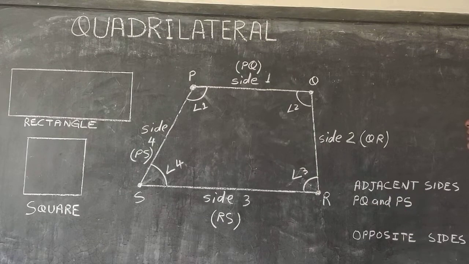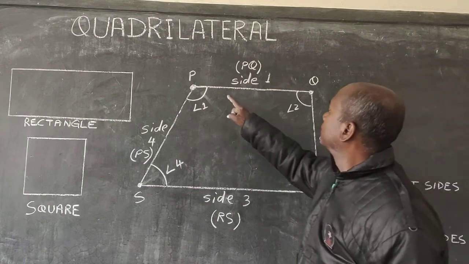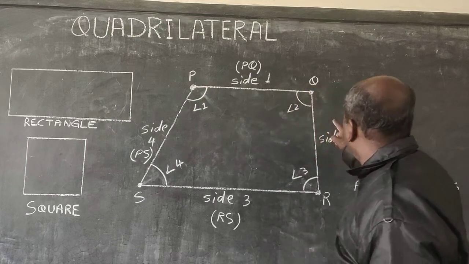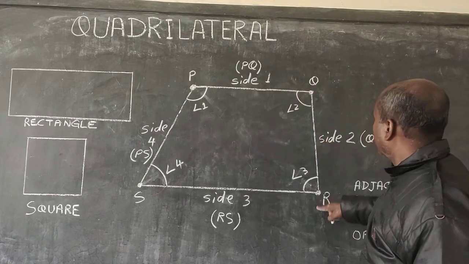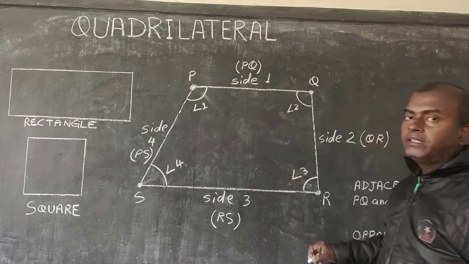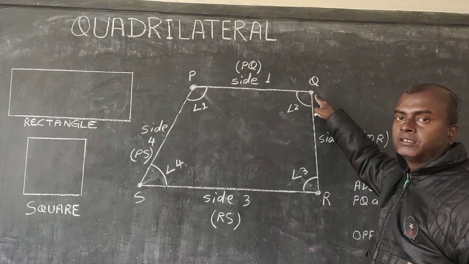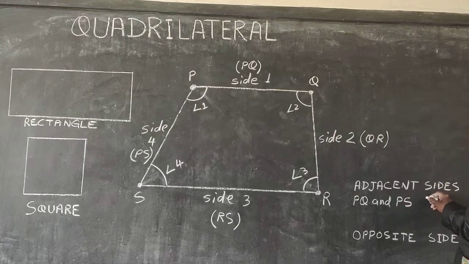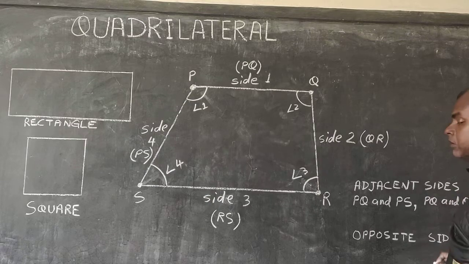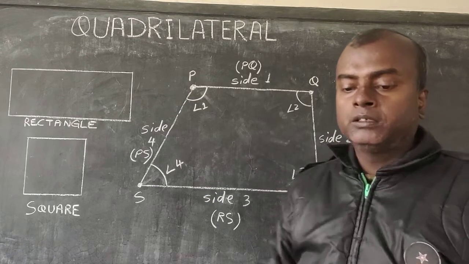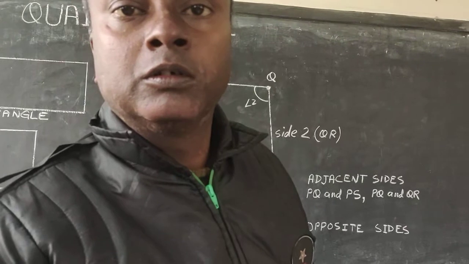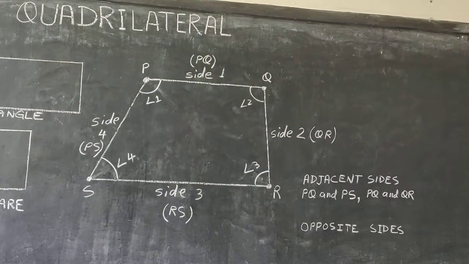PQ and PS. Similarly, PQ and QR, they also have one end point, one common vertex. So, PQ and QR are also adjacent.